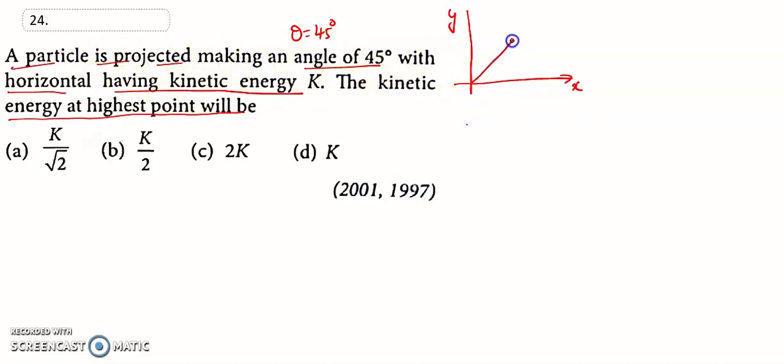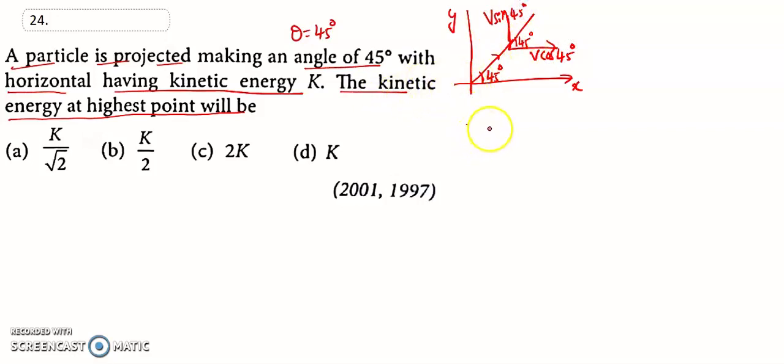How many degrees with horizontal does he say? 45 degrees. So the kinetic energy at the highest point, look. It is resolved into how many components? It is resolved into 2 components. So at the peak, this becomes V cos 45 degrees, and this becomes V sin 45 degrees.